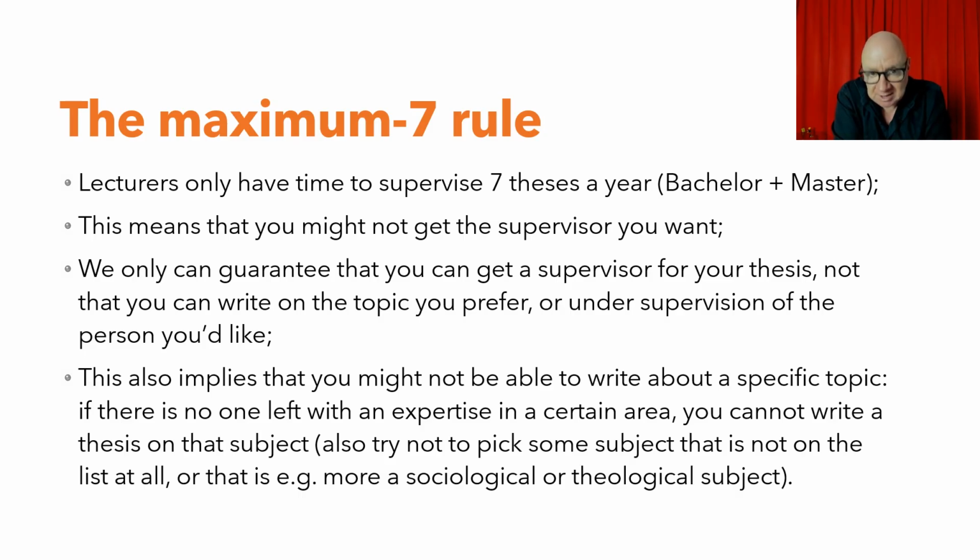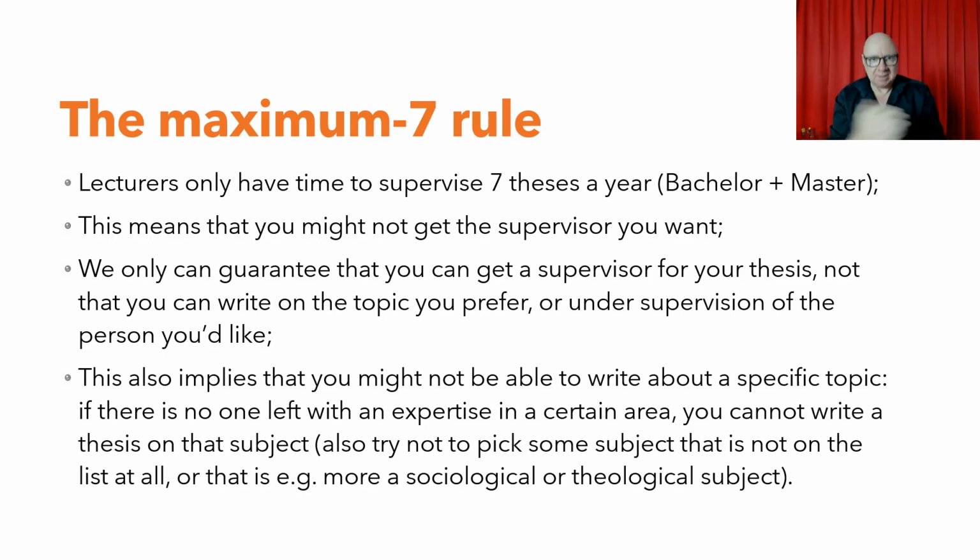So it might be a good idea, if you already know that no one other than supervisor X is able to supervise the topic, so you don't say the first supervisor is person X and this is the topic, and my second preference is supervisor Y, but it's the same topic, then write down another topic.